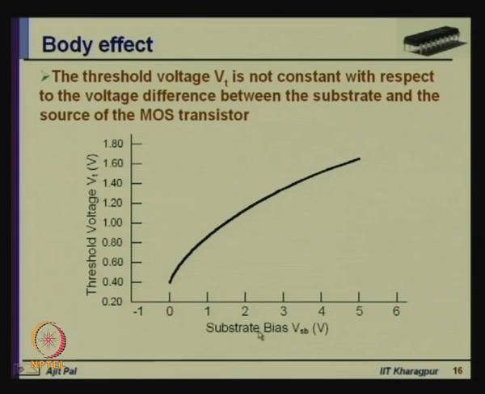We shall do that to increase the threshold voltage such that the leakage current is lowered. That means, larger the threshold voltage, smaller is the leakage current. Smaller the threshold voltage, larger is the leakage current. Later on we shall discuss more about it.